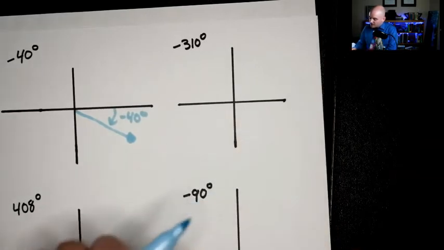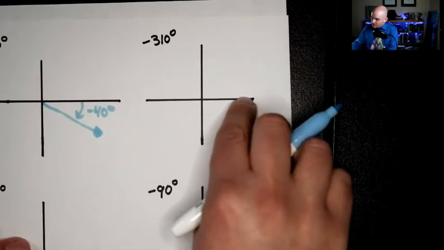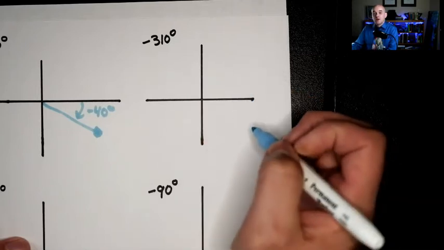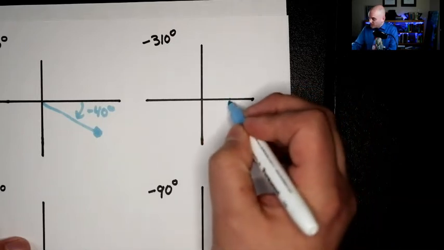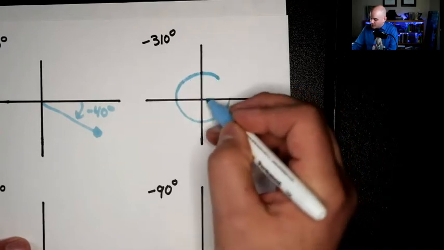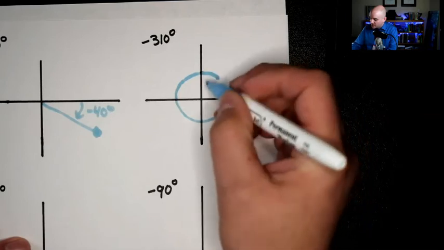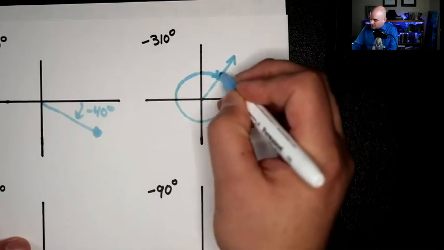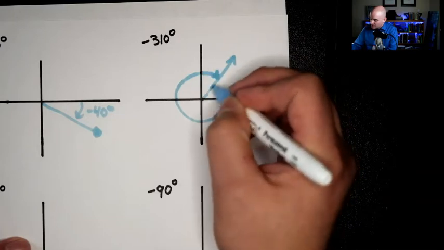Next one, -310. I know that it is 50 degrees short of 360. So if I went all the way around, I'd be right there at 360. So I'm going to go 50 degrees short of that, which is almost at the 45 degree mark right here, a positive 45. But I'm 50 degrees short, and I'm going to draw my arrows like that to show it went around this way, and I landed right here.